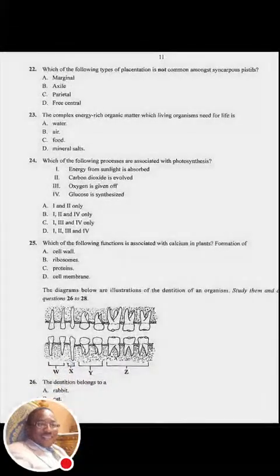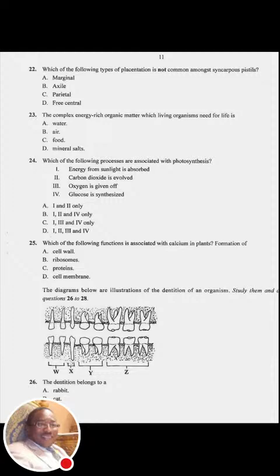Question number 22 says, which of the following types of placentation is not common among syncarpous pistil? A syncarpous pistil is a pistil with fused ovaries.